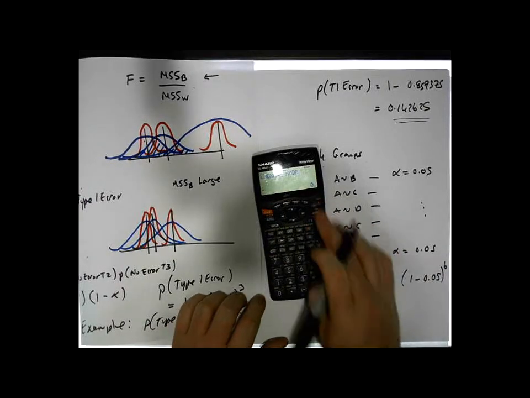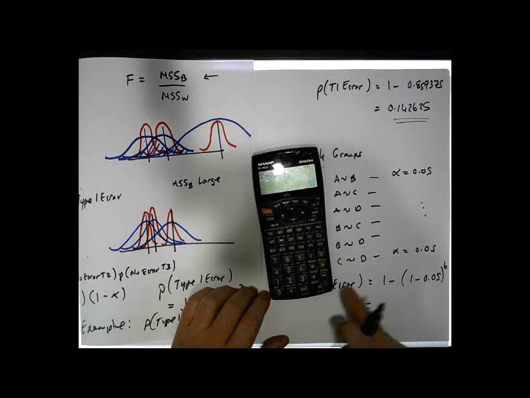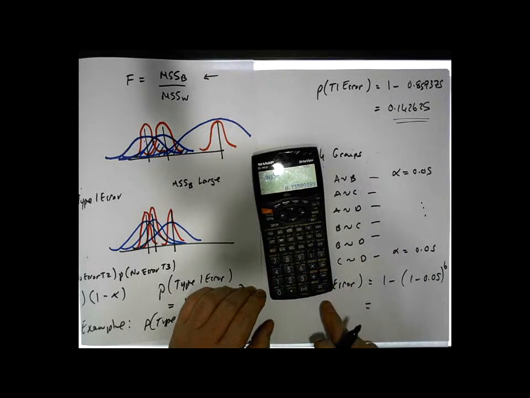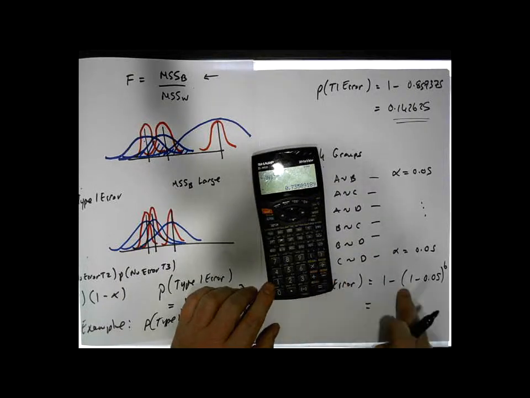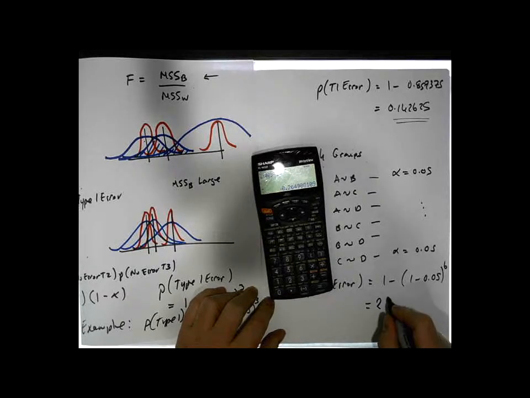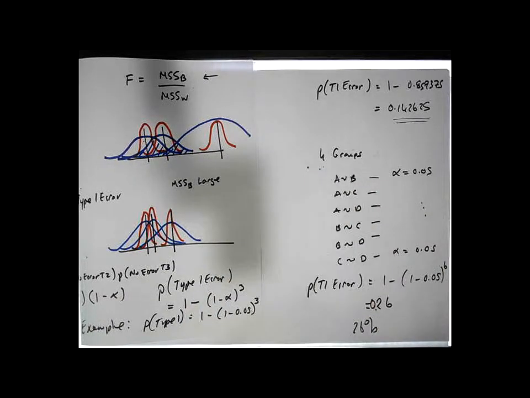Well, 1 minus 0.05 is 0.95. Raise that to the power of 6 gives us 0.735. I'm just going to take 1 away from that and change the sign, which gives us 0.26. So a 26% chance for 4 groups if you did individual t-tests.